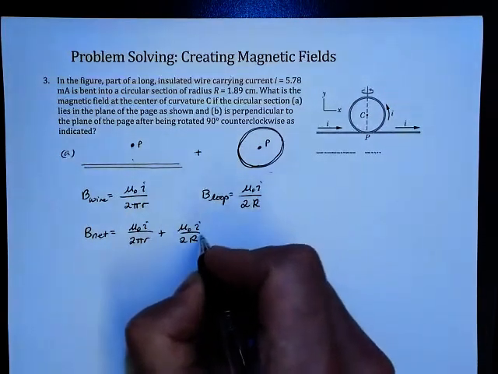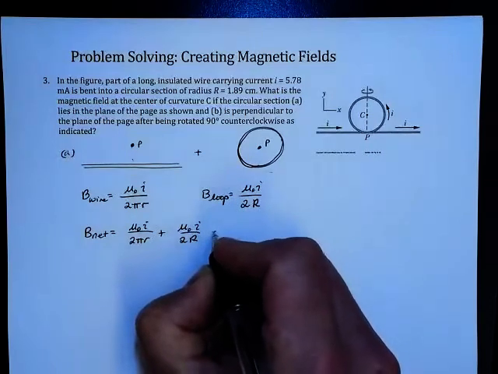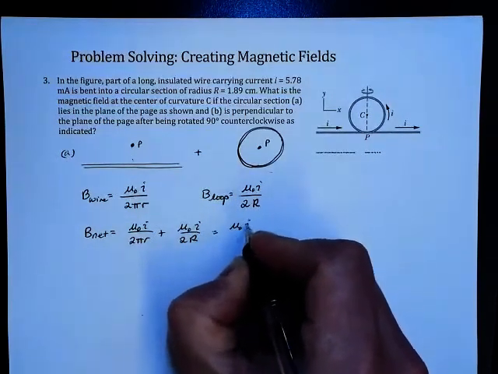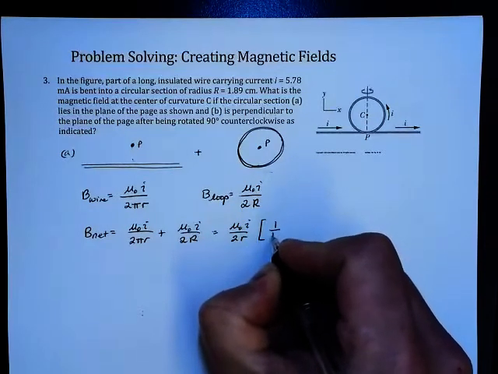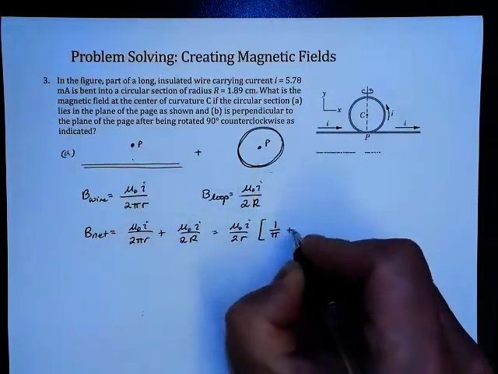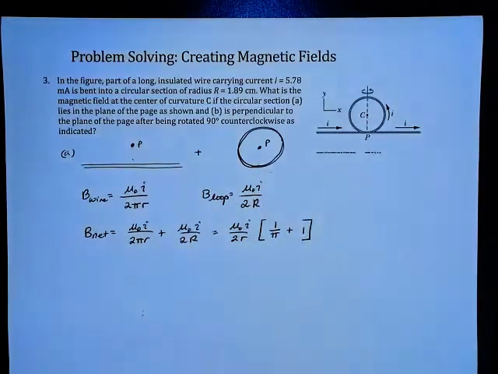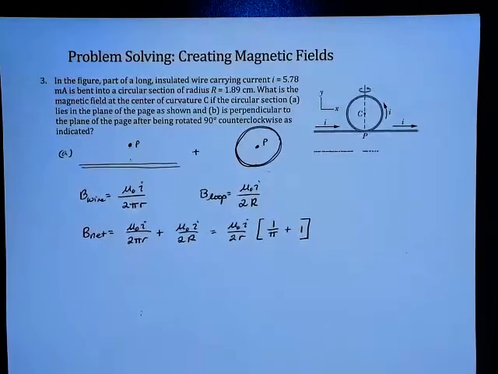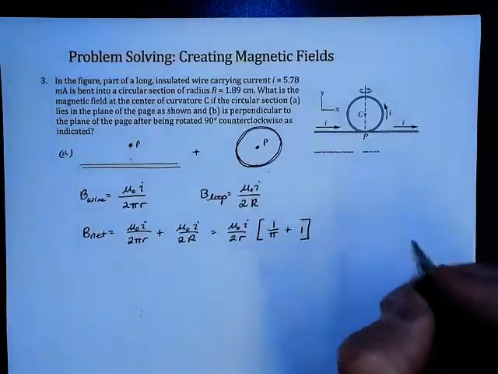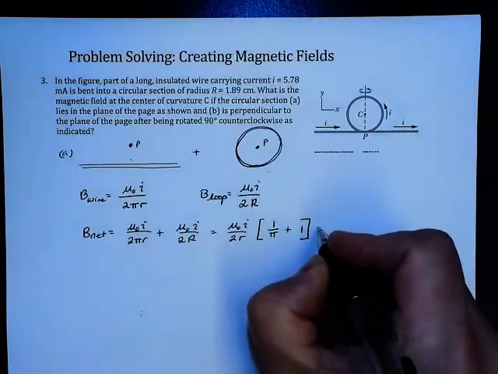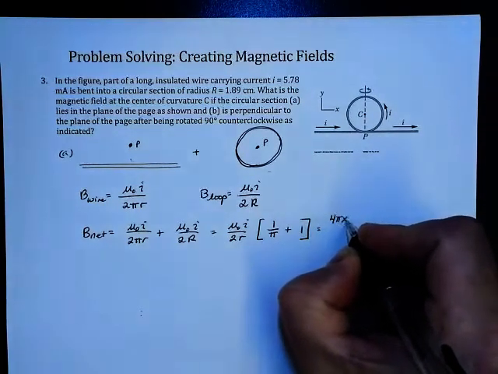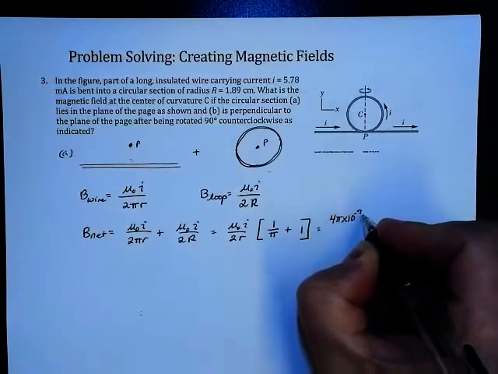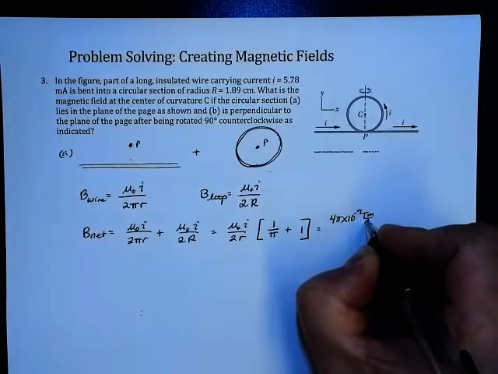So this is my expression, but these r's are the same, so I can really write this as mu 0 I over 2r times 1 over pi from the first term plus 1 from the second term. And then we'll go ahead and plug in a bunch of numbers. Mu 0 is 4 pi times 10 to the negative 7 Tesla meters per ampere.